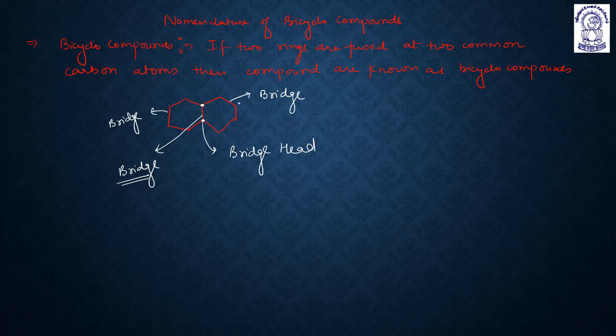Factually speaking, I want to move from this carbon to this carbon. So there are three ways from which I can move between these two carbons. So there are three possible ways to move between two bridgeheads.